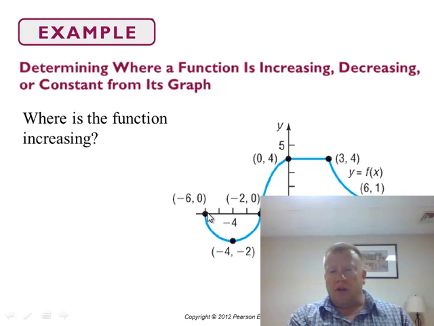If you're in this little car, you would be going downhill as you went from left to right along the curve until you hit here. Then you would be going uphill until you get here, and then you have a flat surface, constant elevation, until you hit this point at x equals 3, and then you go downhill again, where your altitude is decreasing.